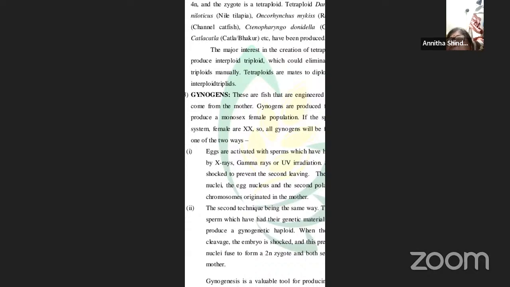Chemical shock is when you expose the eggs to a chemical. Physical shocks are thermal or pressure, where you are not exposing it to a chemical; you are just giving either a hot or cold temperature treatment, or giving pressure shocks. That comes under physical shock. Are you understanding? Is it clear now?